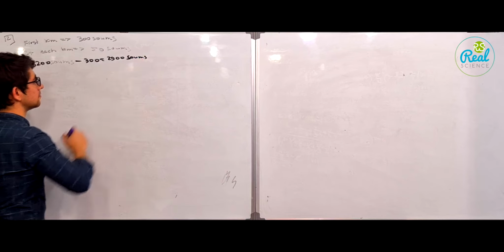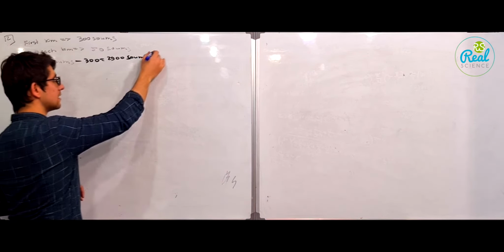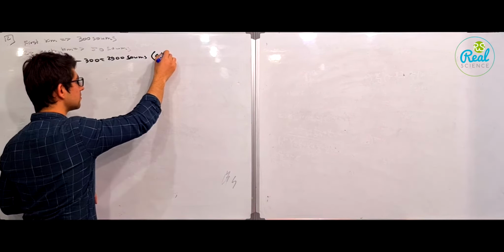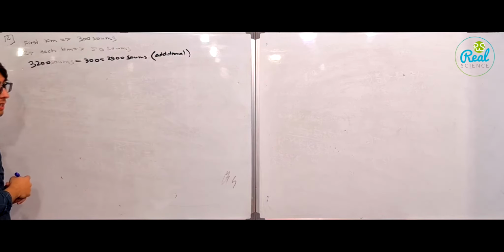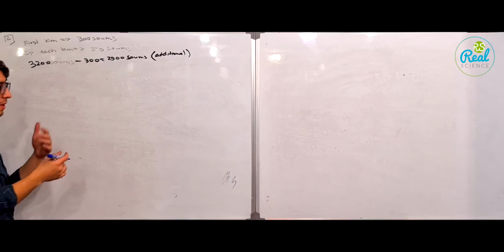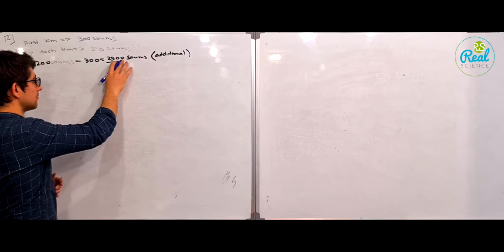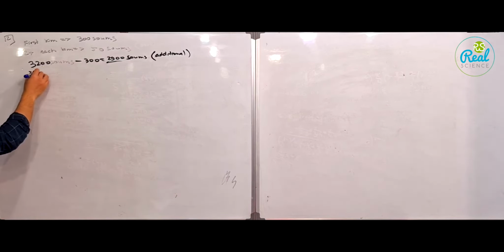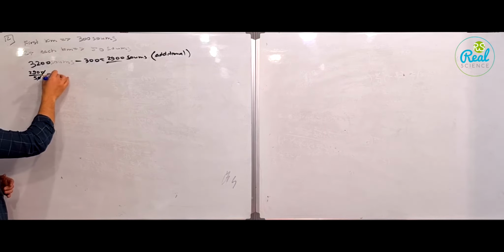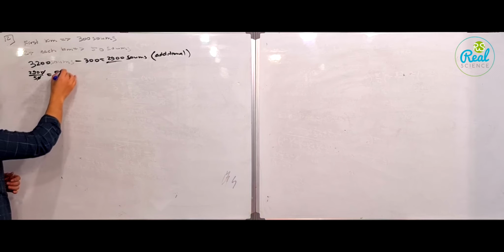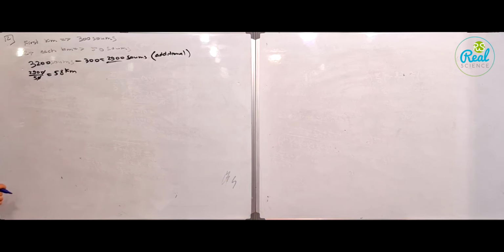And then we just divide this by 50. These kilometers are additional ones, right? So let's divide: how many additional 50 soms did he pay? 2,900 divided by 50. They cancel one another and it becomes 58 kilometers, plus one for the first kilometer.